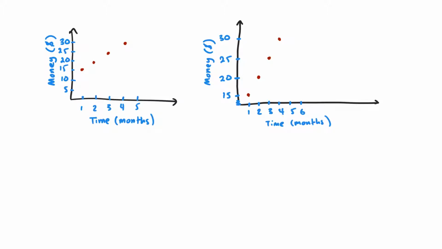So if I blocked all these numbers, I would think that in this situation over here, the person is making much more money every month than this person over here. But we have to be aware that this graph actually has a different starting point and a different scale.